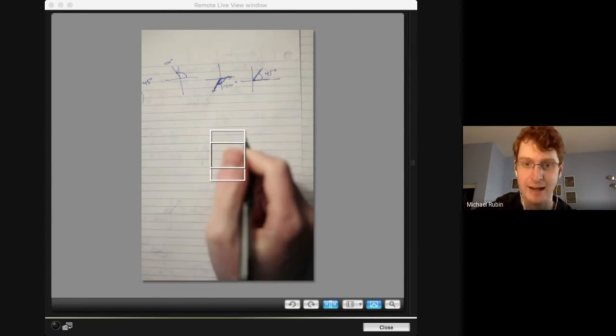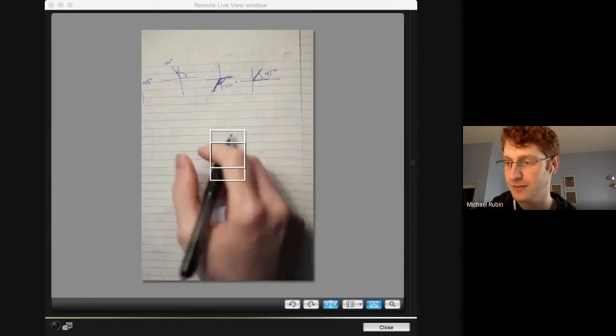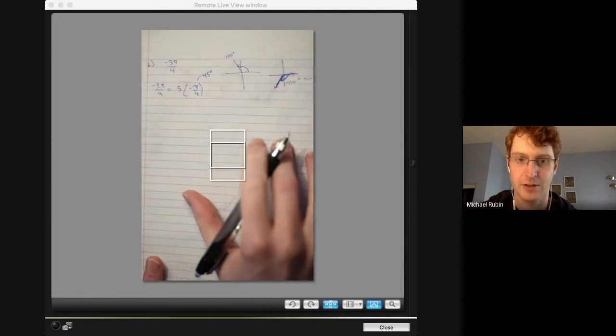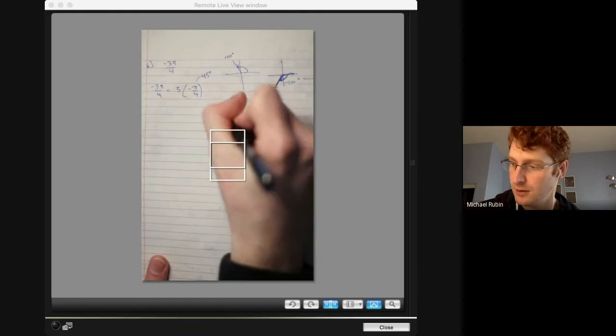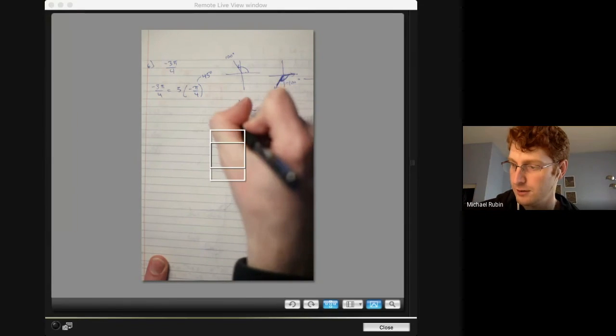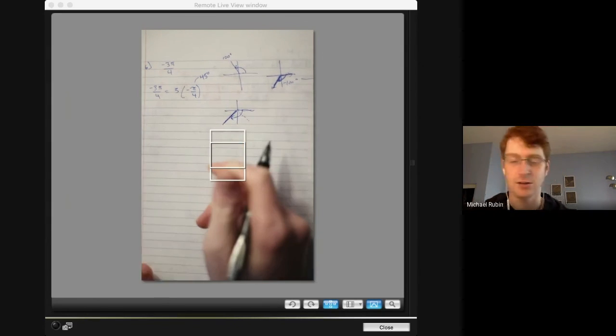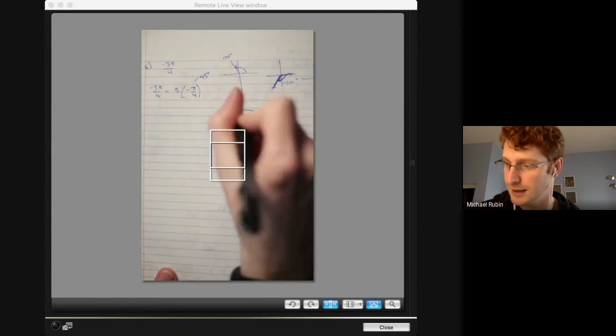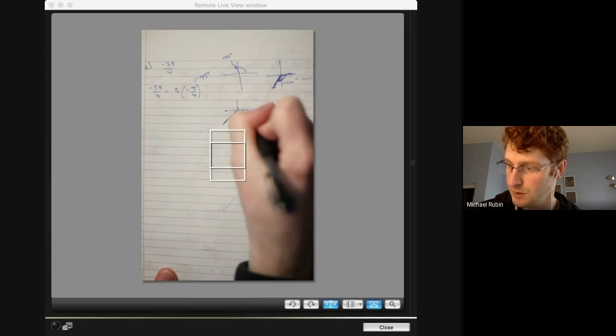In other words, I've got negative 3 45-degree angles. So if I wanted to graph that in standard position, I would find one 45-degree angle, a second, and then a third. But I'm not writing that in degrees, I'm writing that in radians, so I'm going to write that as negative 3 pi over 4.